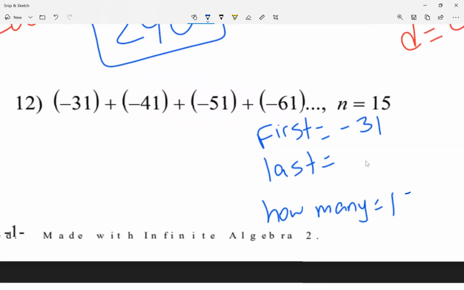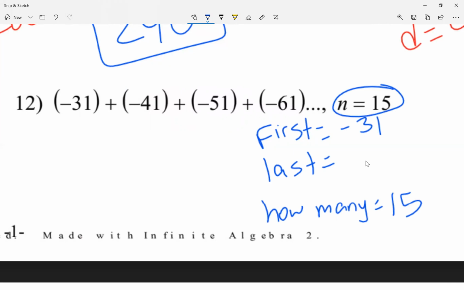And I know I'm adding 15 numbers because it says there are 15 numbers on my list. What's the common difference from negative 31 to negative 41 to negative 51 to negative 61? It seems like each time I subtract 10. If you cannot tell, remember, always pick a number from the list and subtract the previous number. So we find out that the common difference is negative 10.